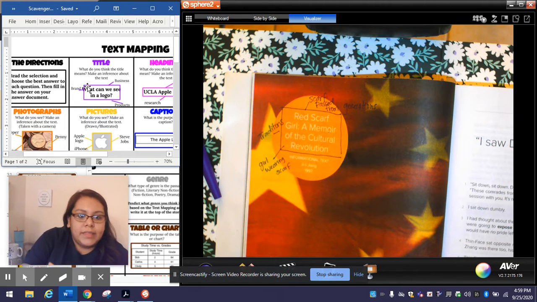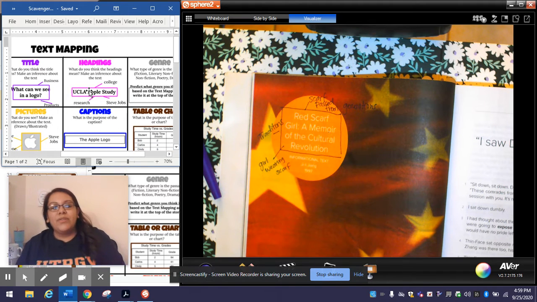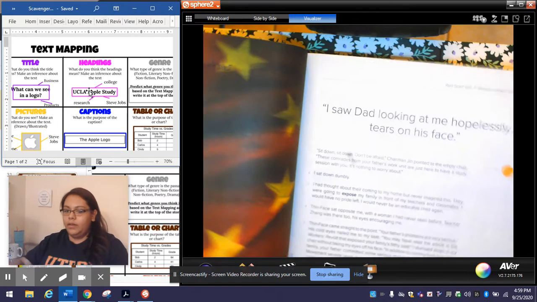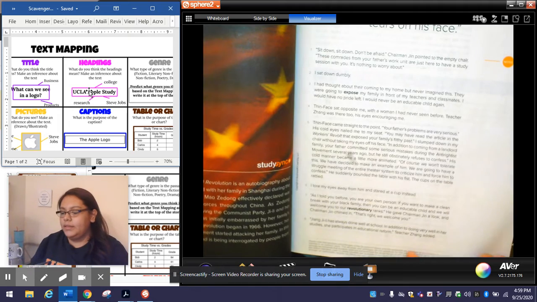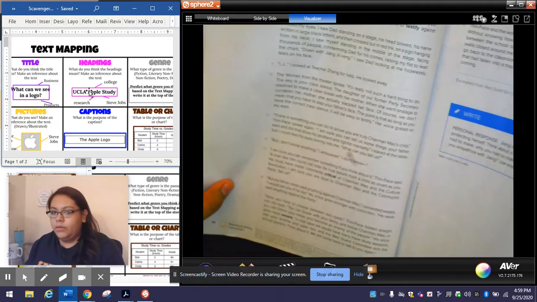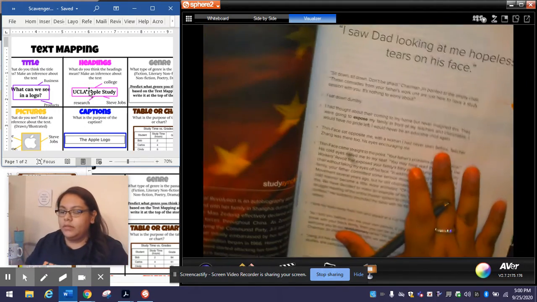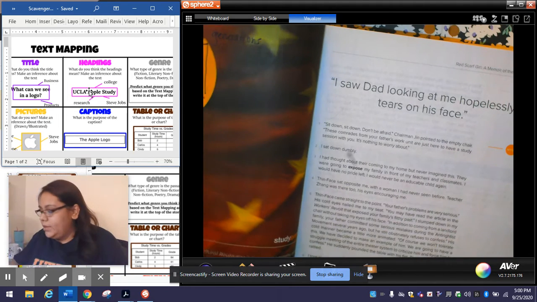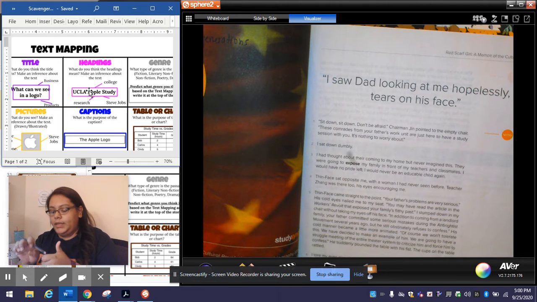All right, next up, we are looking at headings. We don't have any headings, but we want to make sure we look at the story. I don't see any headings. I don't see any subheadings. We could, though, count this as a little heading to look at, because this is how the story doesn't begin, but it's going to be important.